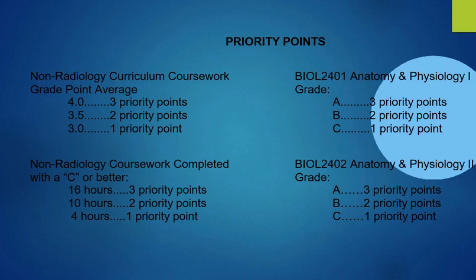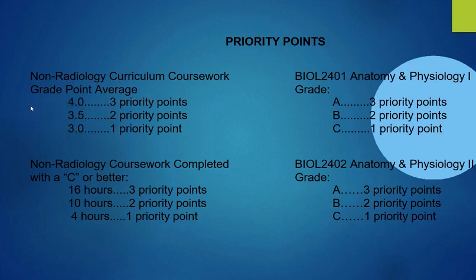This is talking about your prereqs and coreqs. It doesn't matter what other classes you've taken. We're going to be looking at those 4 to 6 classes for that grade point average. Depending on when you turn in your application, have you taken all 4 of those, or have you taken the other coreqs? Basically it's going to be your GPA from those 4 to 6 classes. If it's a 4.0, it's 3 points.